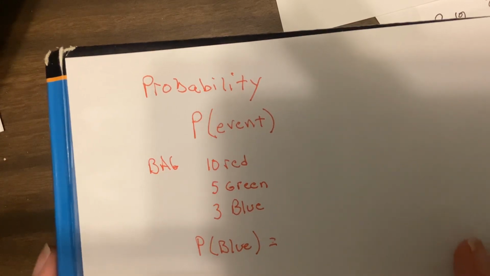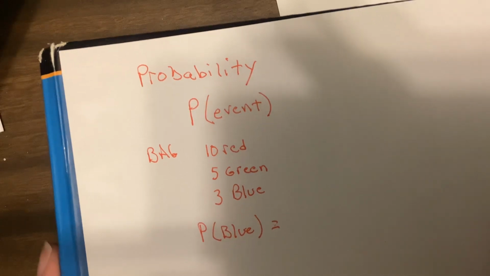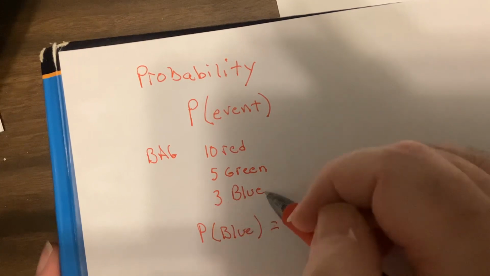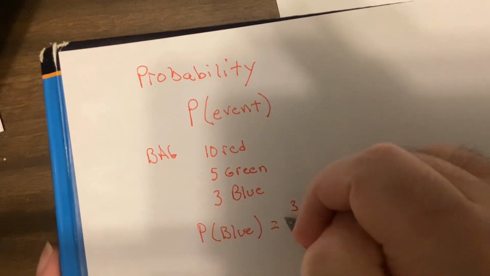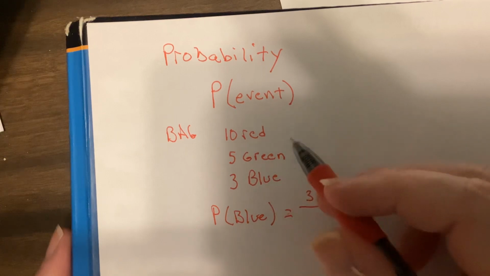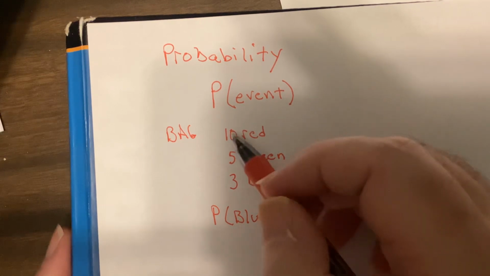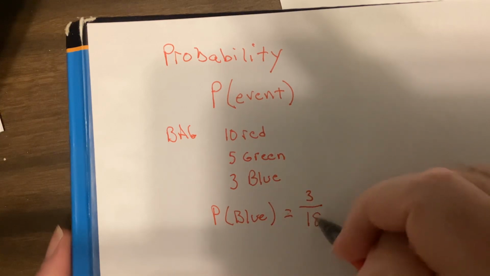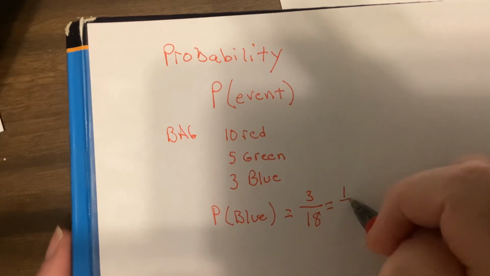Well, you would say it's a number of ways it can happen. So we have 3 blue divided by the total number of ways, or in this case, how many marbles do we have? So it'd be 10 plus 5 plus 3 is 18, which, as you know, in a fraction, that reduces to 1/6.